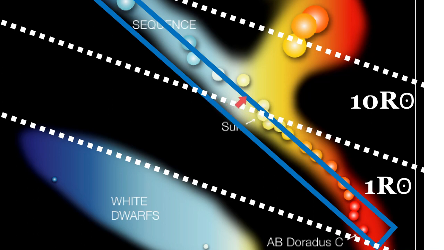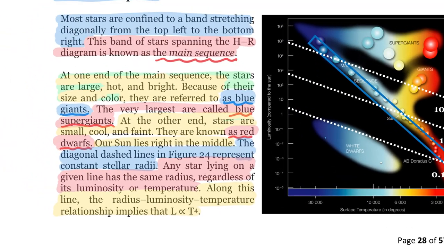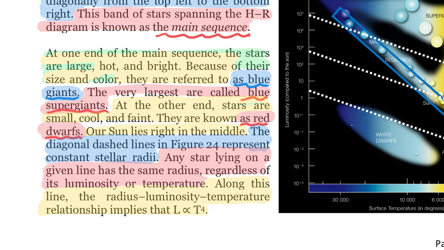But you can see you can get hotter stars and you can get cooler stars that are of the same physical size as the sun. So we also see that along these lines, the radius luminosity temperature relationship therefore implies that the luminosity is directly proportional to T to the power 4.